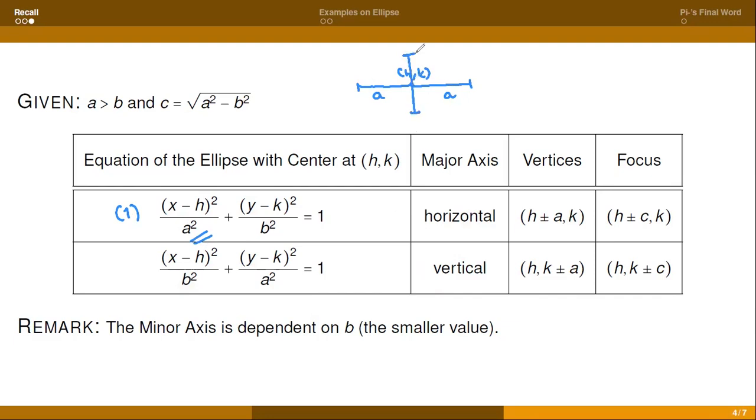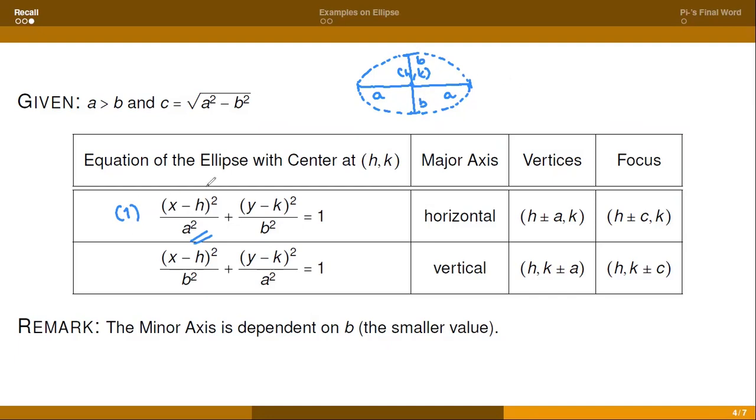It's out here. So depending on the denominator, it tells the distance of that corresponding variable. For instance, a here dictates the largest width of x along the x-axis, so here and out here. And then b represents the distance along the y-axis, or parallel to the y-axis to be precise, and it's represented by this and this.